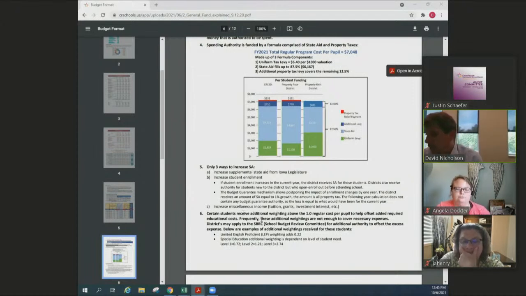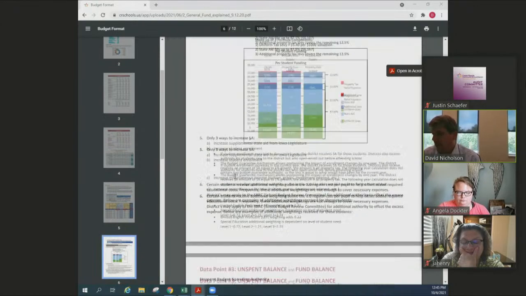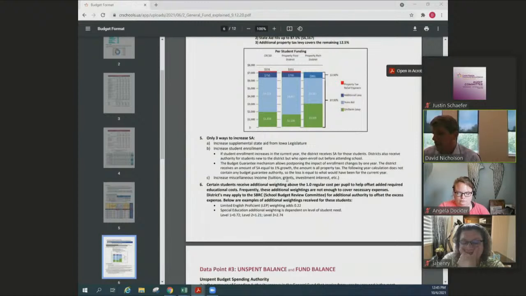The other way you can increase your spending authority is grants, additional investment interests, and those types of things. Those are considered miscellaneous incomes. Obviously, we're not in a time where investment income makes much of a difference for schools. We get very little interest income now.